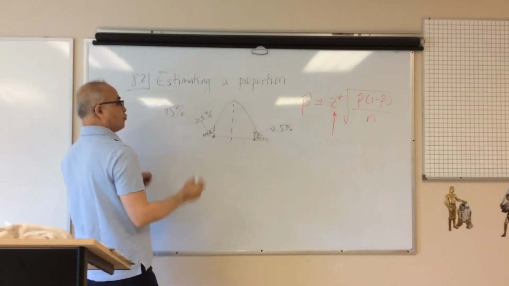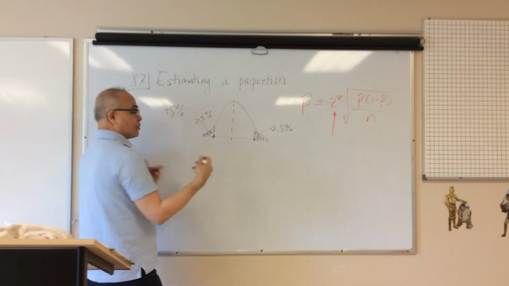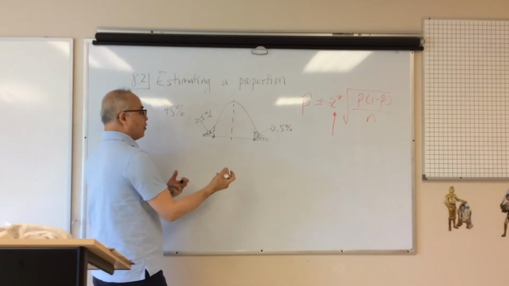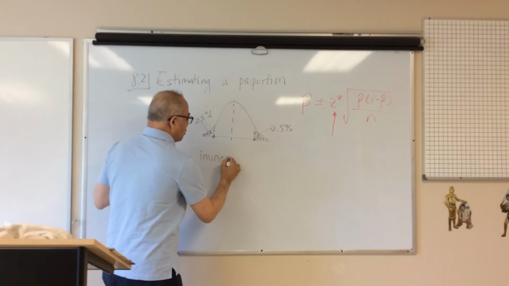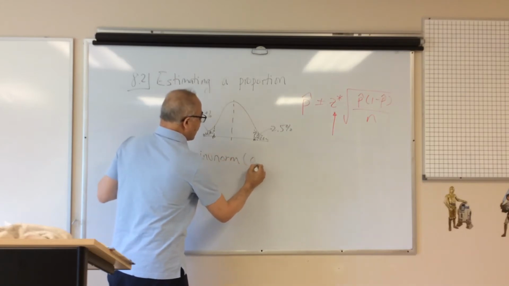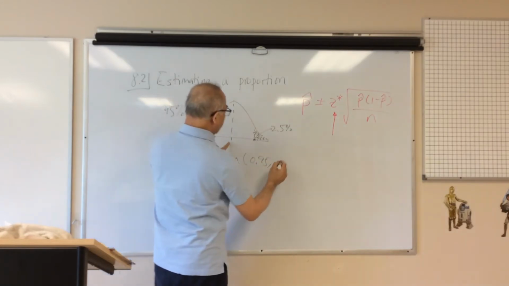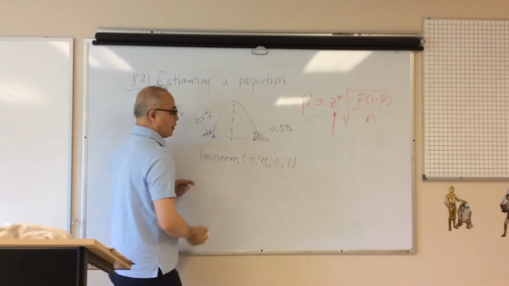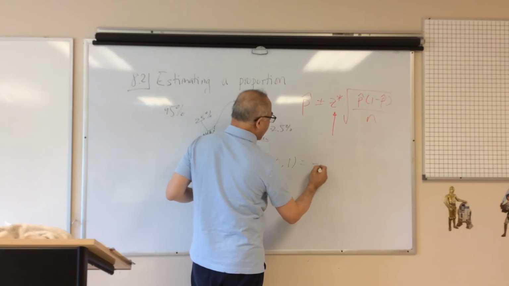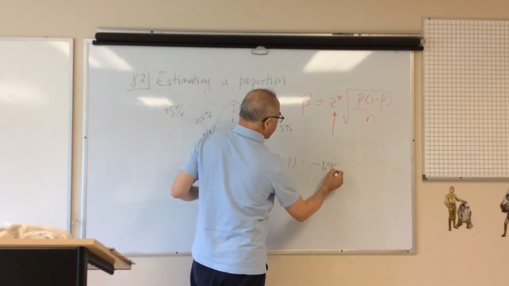Okay, two ways to do this. I can look at the table, or I can do an inverse norm with area 0.025, mean 0, and standard deviation 1. And if I do that, I get negative 1.96.